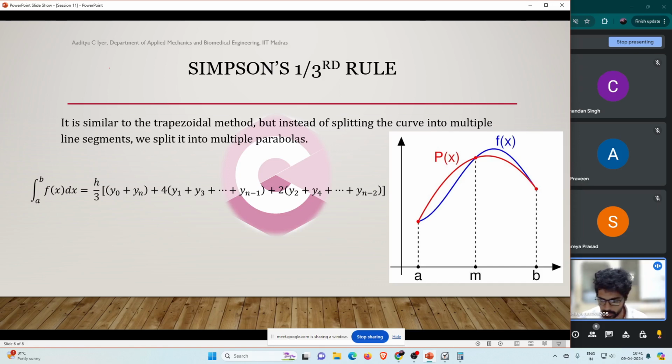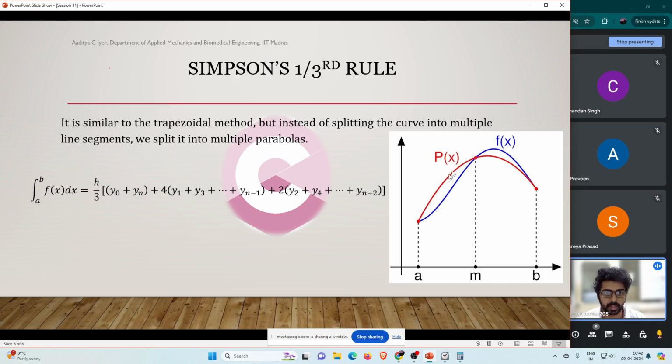In the same way, instead of splitting the curve into multiple line segments, here we split it into multiple parabolas. To make a line we need 2 points, to make a parabola we need 3 points. So here this is the function, and this is the parabola.